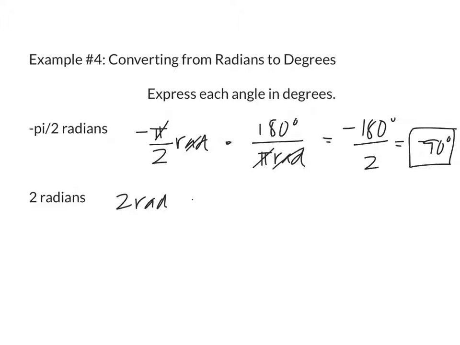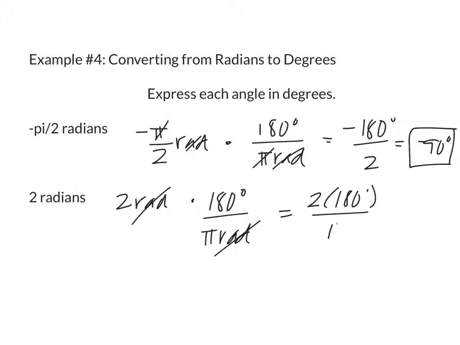On this one, again, I'm trying to convert to degrees, so I'm going to multiply by 180 degrees over pi radians. Notice in this problem there is no pi to cancel out with it, so the pi stays in the denominator. So this is 2 times 180 degrees divided by pi. That gives us about 114.59 degrees.